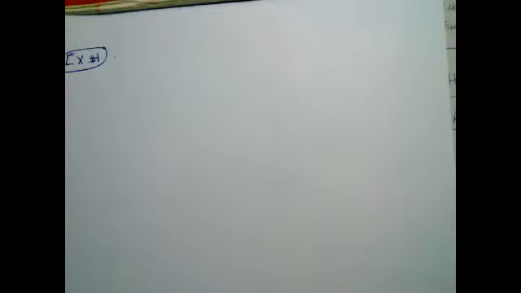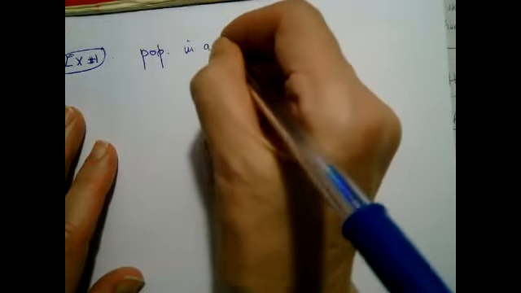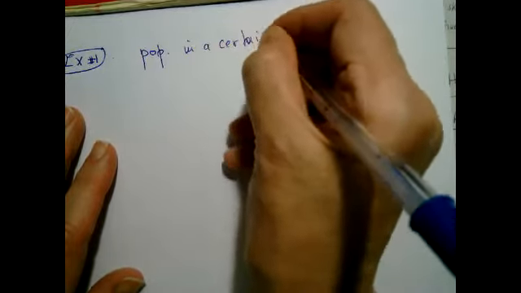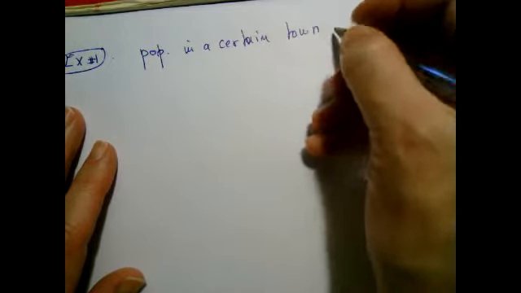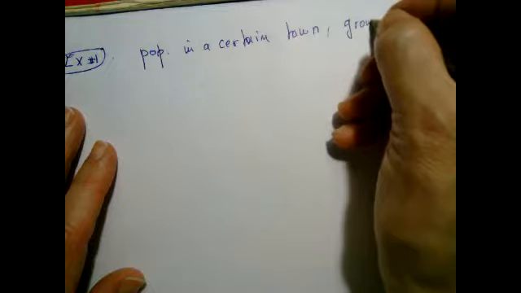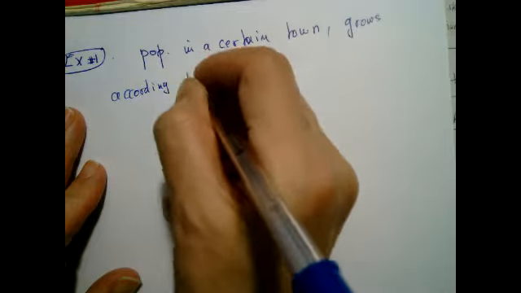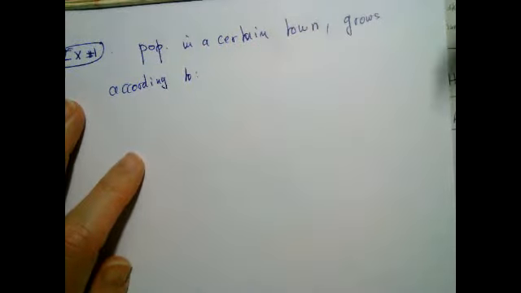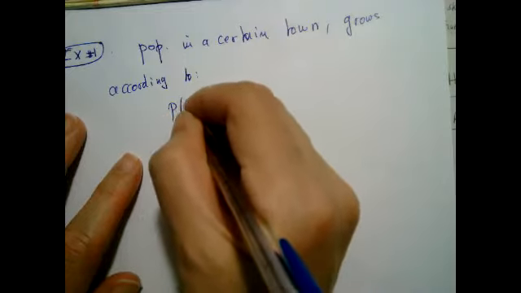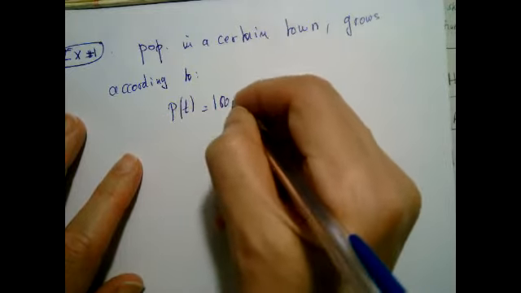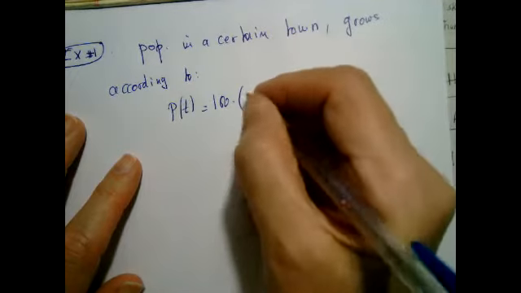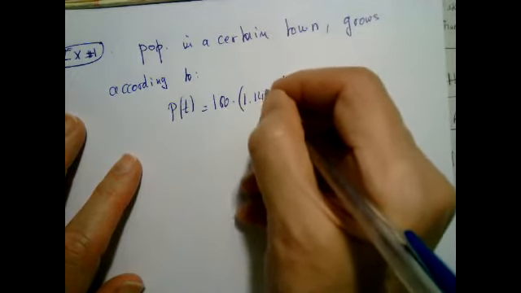Example 1. The population in a certain town grows according to the following formula. So according to the formula, P of t, the population, is 100 times 1.0145 to the power t.